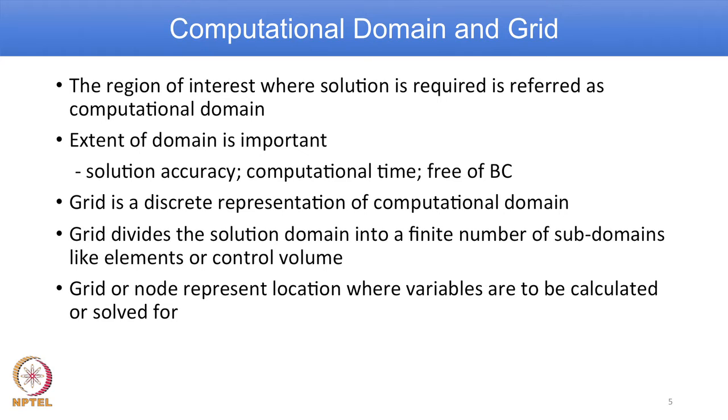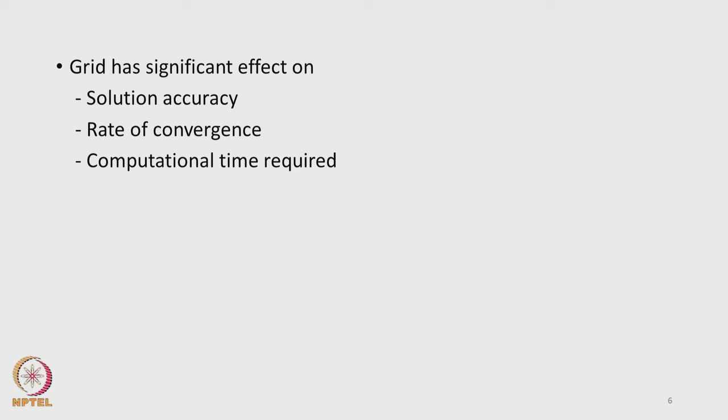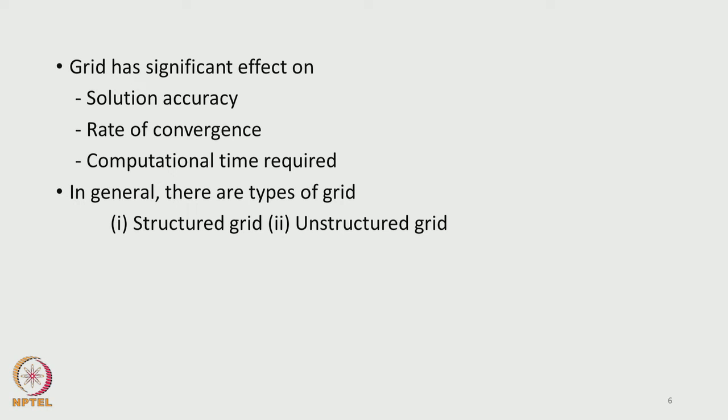Grid or node represents the location where variables are to be solved for. Just like the computational domain, grid also influences solution accuracy, rate of convergence and computational time that is required to solve and get an answer. In general, there are two types of grid. One is called structured grid, the other one is called unstructured grid.